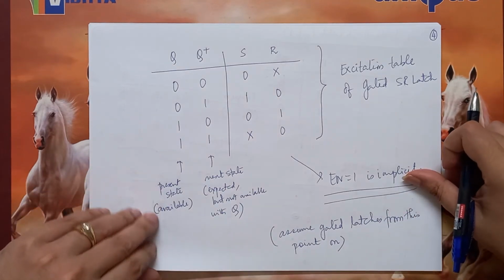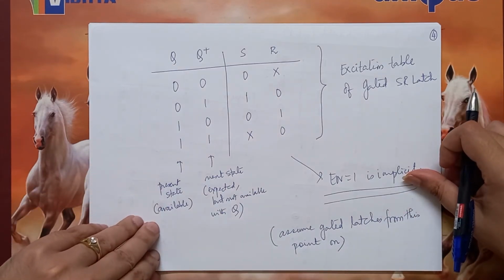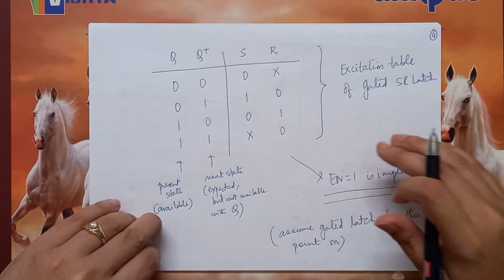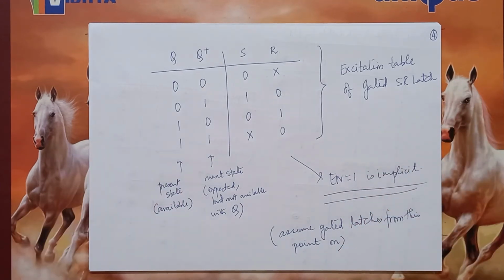Now, the next question is, we have seen a lot about the basic latch structure, how we can modify that to have a gated latch. We made the gated SR latch, or the gated set reset latch, that we called it.